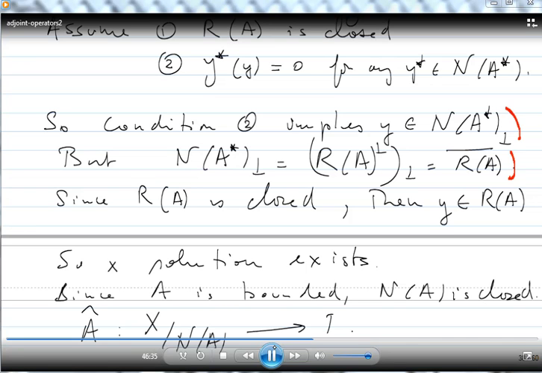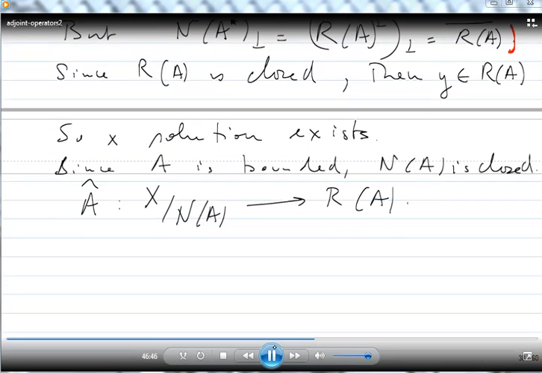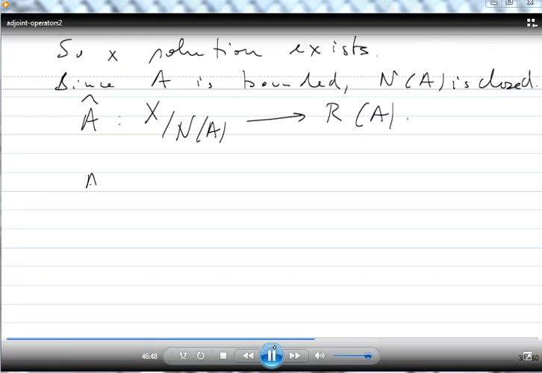We have seen that A hat inverse exists and is bounded.